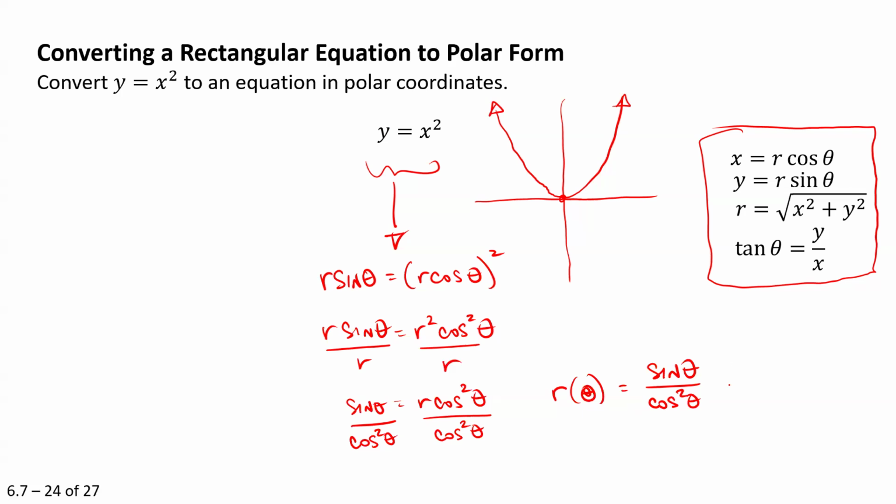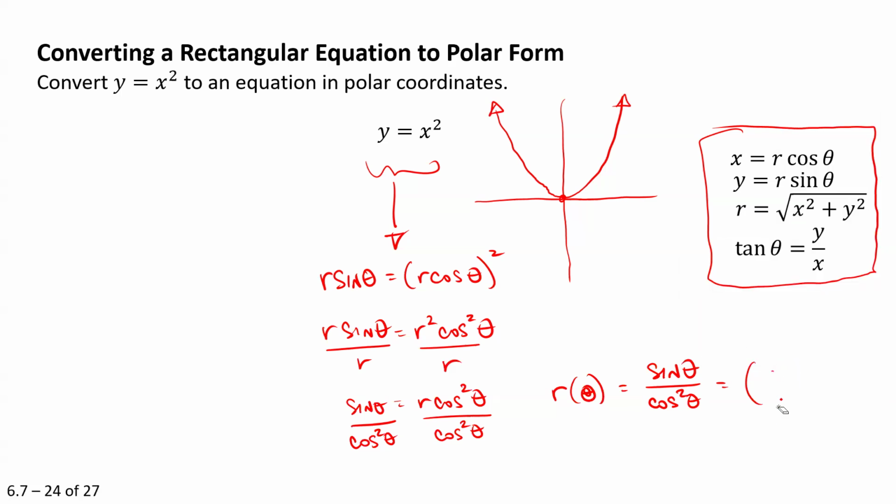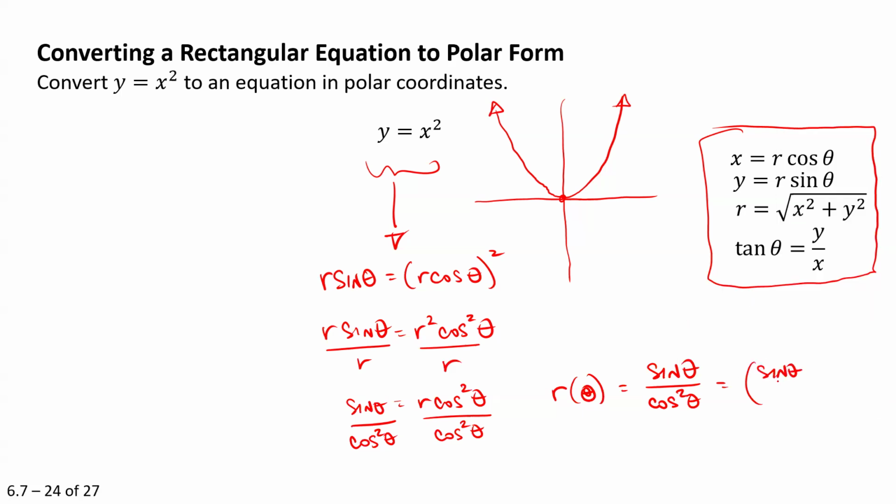Actually, let me represent this as sine over cosine times another 1 over cosine to get that cosine squared in the denominator. Sine over cosine is just tangent, and 1 over cosine is secant. So secant tangent, if I plot that in polar coordinates, it looks like a parabola.